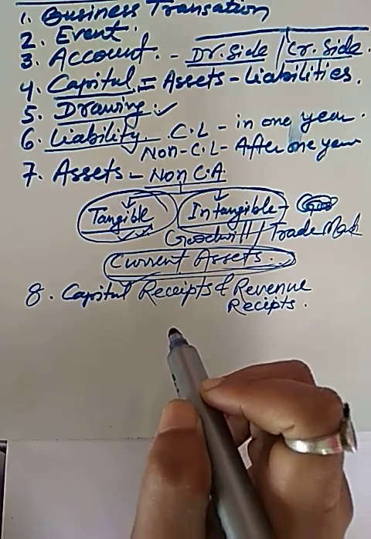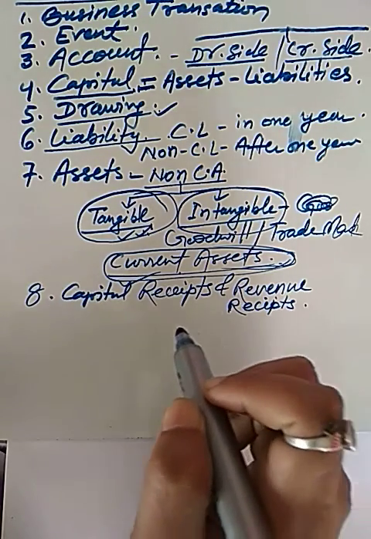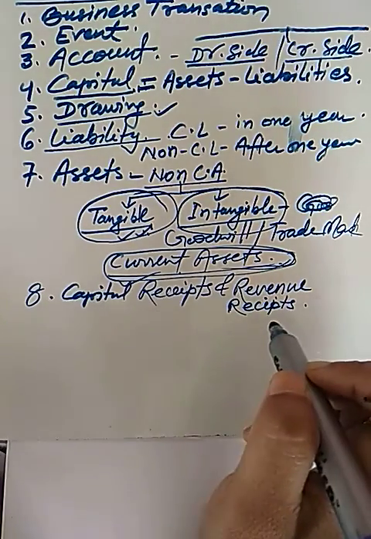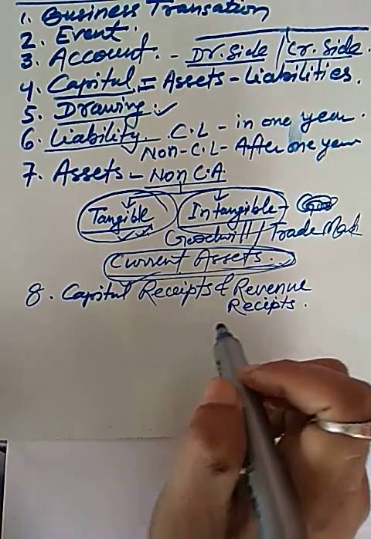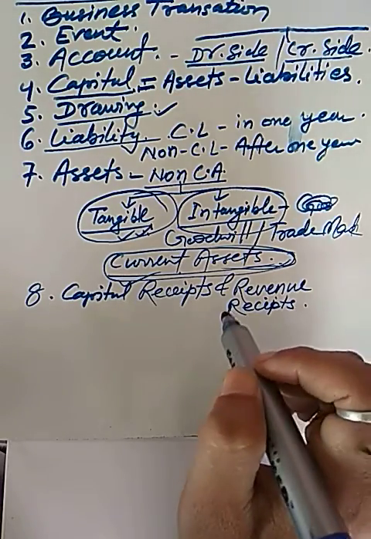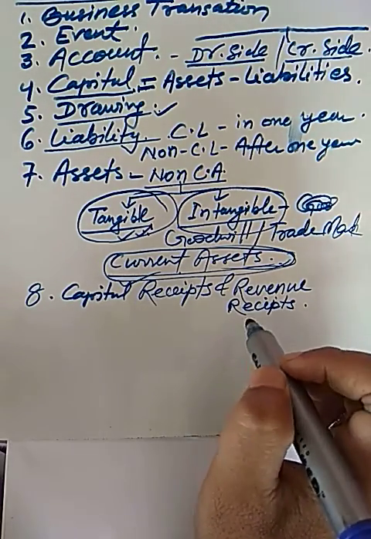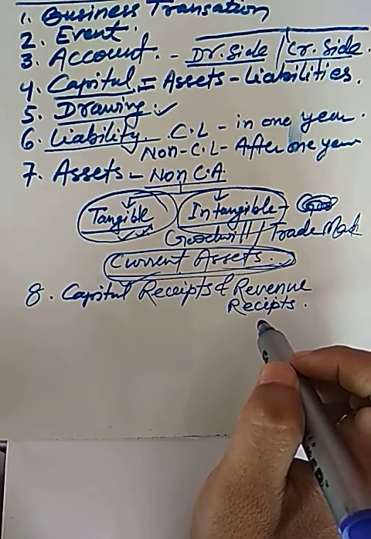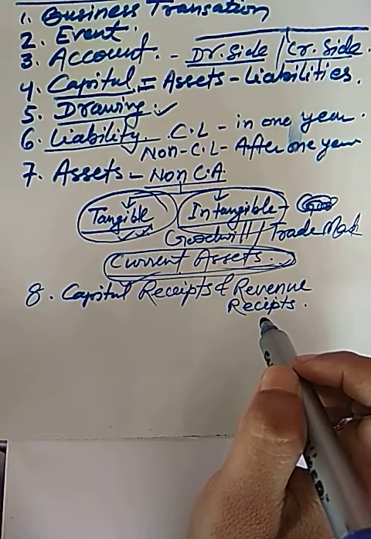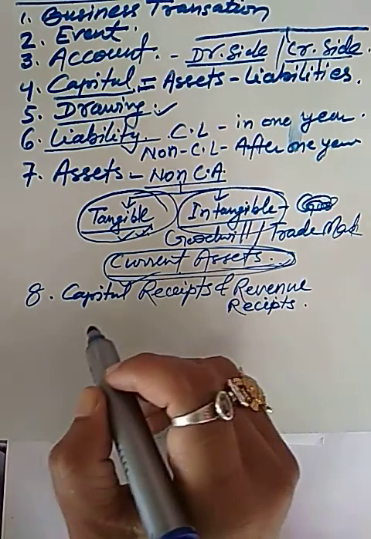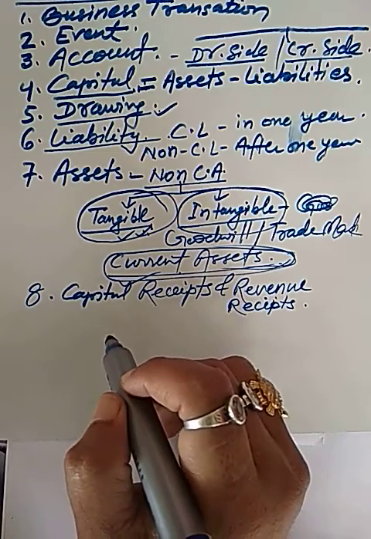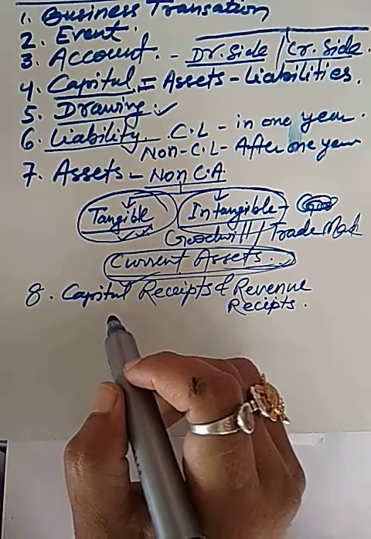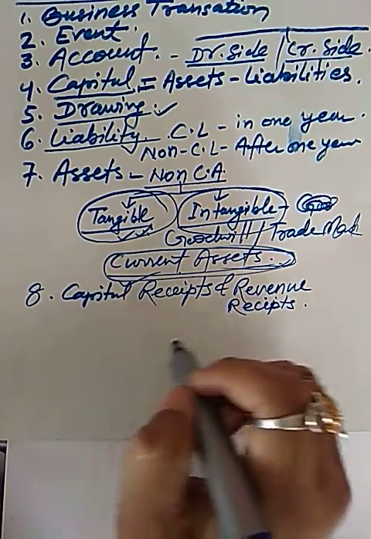It is also necessary to make a proper distinction between capital receipts and revenue receipts, because the revenue receipts are shown on the credit side of trading and profit and loss account, whereas the capital receipts are shown in the balance sheet either as increase in liability or as reduction in the value of assets.